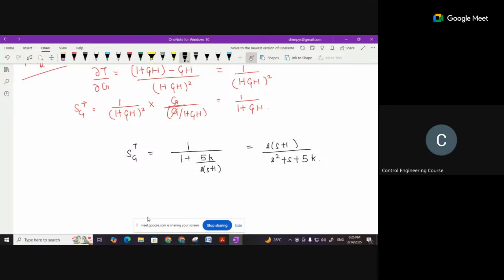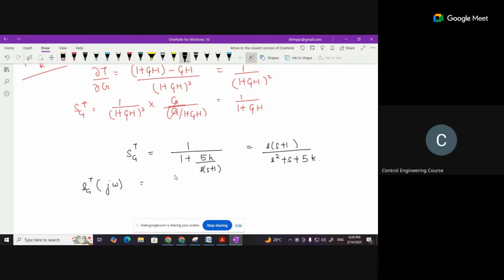Now we have to find out the sensitivity at omega equal to 1 radian per second, and we have been given that assume the value of K equals 10. So let us see on putting s as j omega what we'll get.